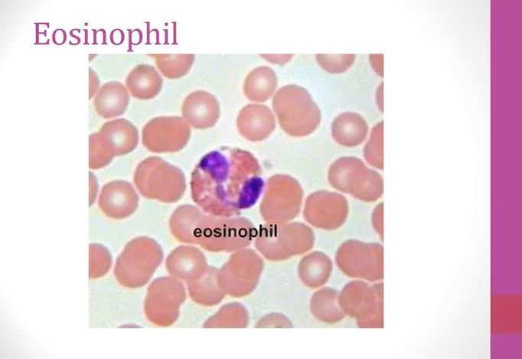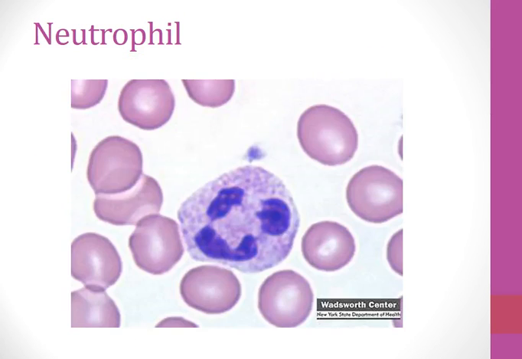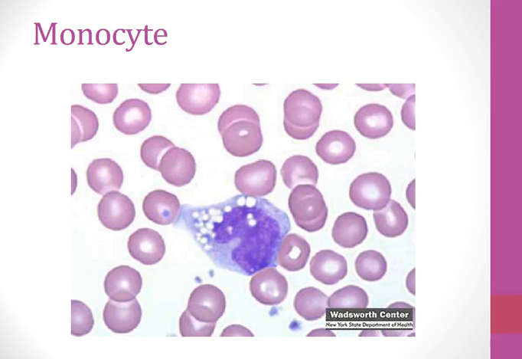The monocytes are usually 4 to 12% of all the white cells in your peripheral blood, which means in your veins and arteries. They fight off bacterial infections and tissue damage. They come in and clean up when there's tissue damage.